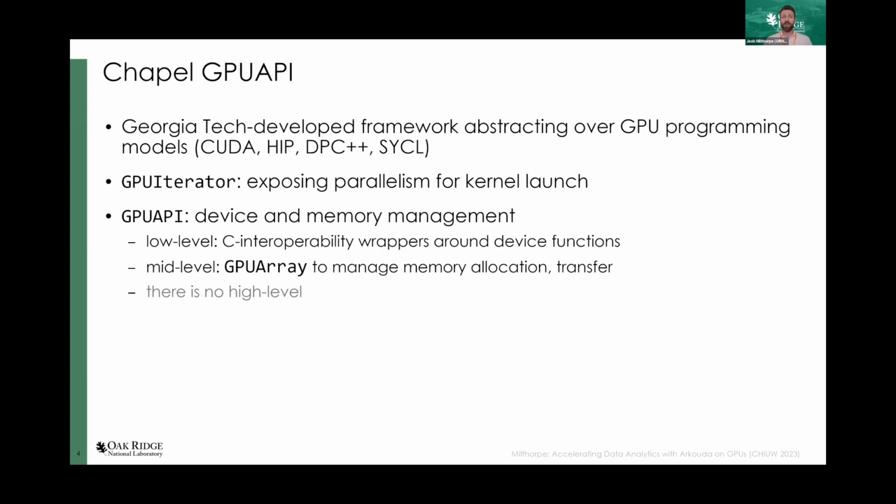That's at the low level, and then they also have a mid-level, which has things like GPU array or GPU jagged array. This helps you to manage your memory allocation and transfer between host and device. You'll notice there's no high level in the GPU API. I think what that means is that they're assuming that eventually the high level will be taken over by Chapel GPU code generation.